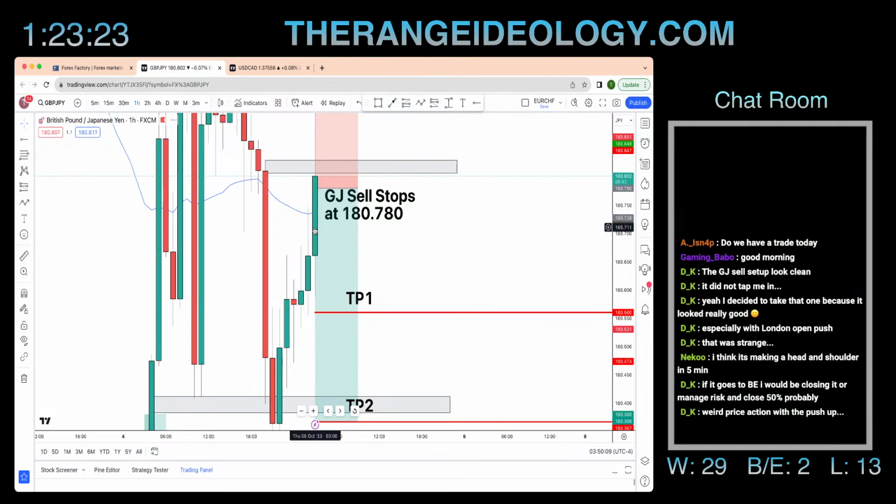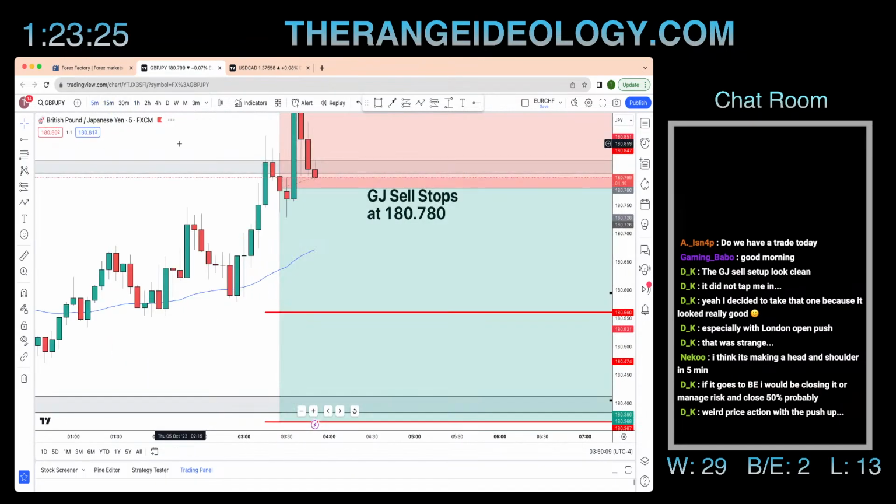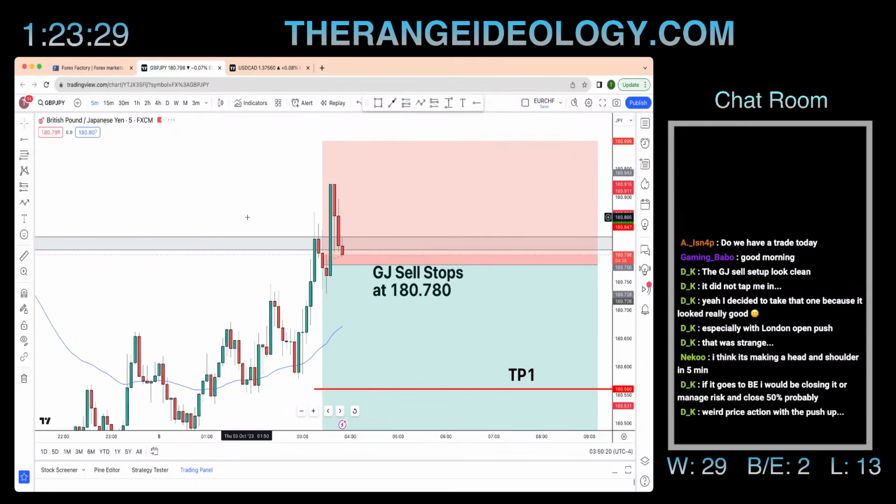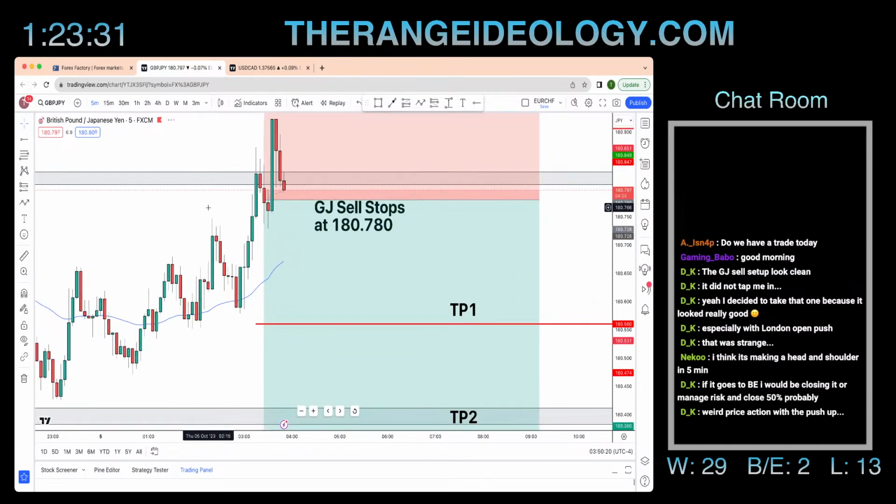So if it can continue pushing down, this could be a valid push down here, right? Let's see. It was as close as 2 pips shy of the break-even point. So let's see.